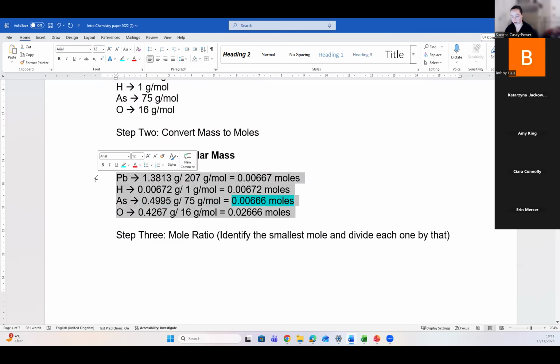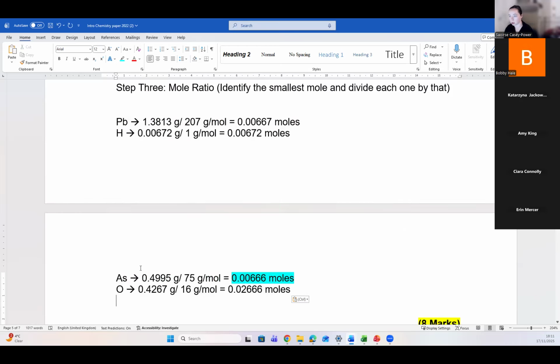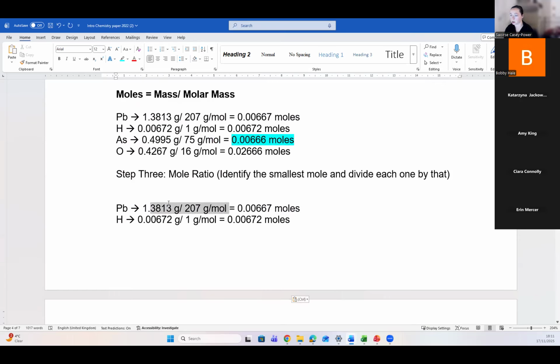So I'm just going to copy that again and bring these down. If I had for my lead 0.00667 moles, and I divide that by 0.00666 moles, that's going to come out as roughly 1. For these, I would round to the nearest whole number, because we're looking for the simplest mole ratio between all of the elements.